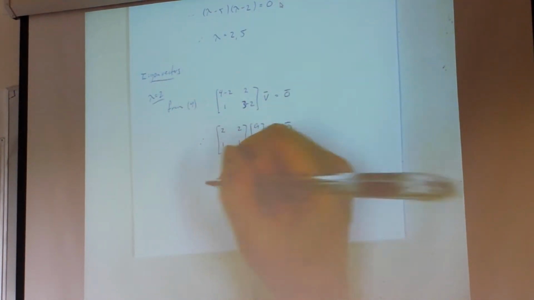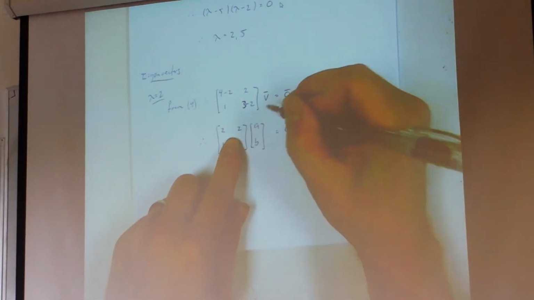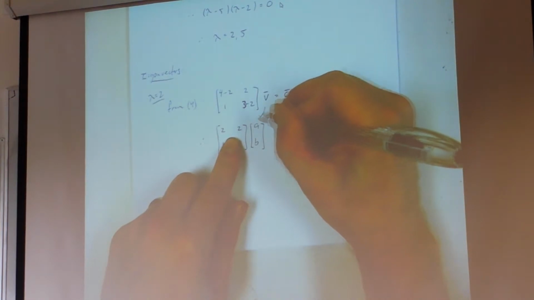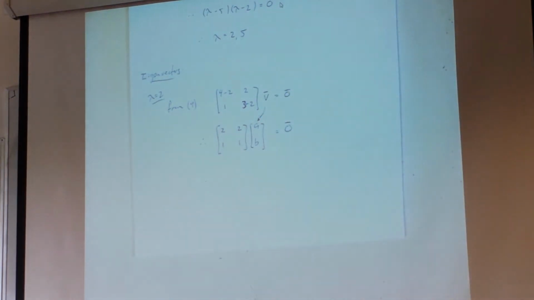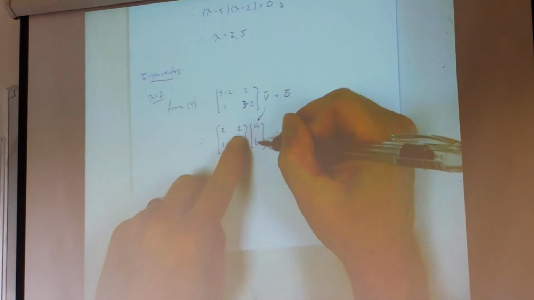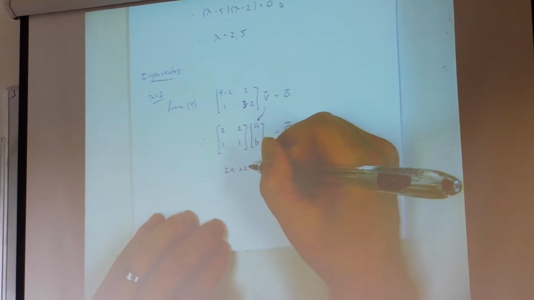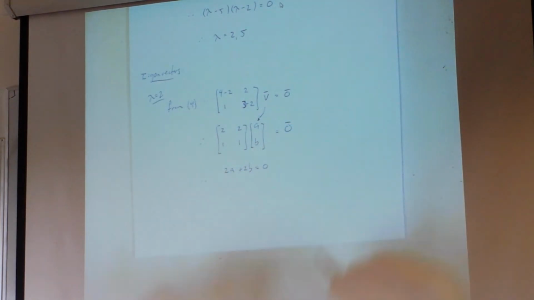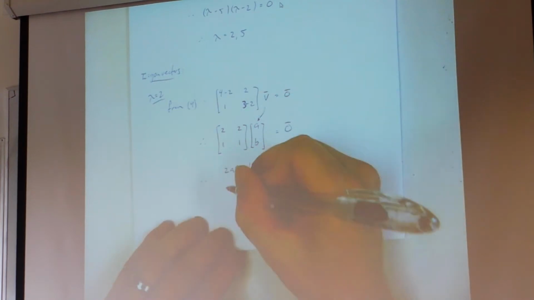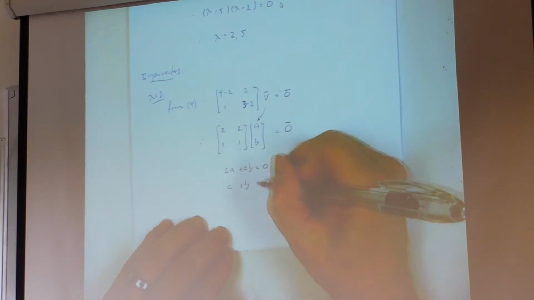So what equations does this give me? By the way, this is going to be v here, my eigenvector that we're looking for. 2a plus 2b equals 0, and 1a plus 1b equals 0.